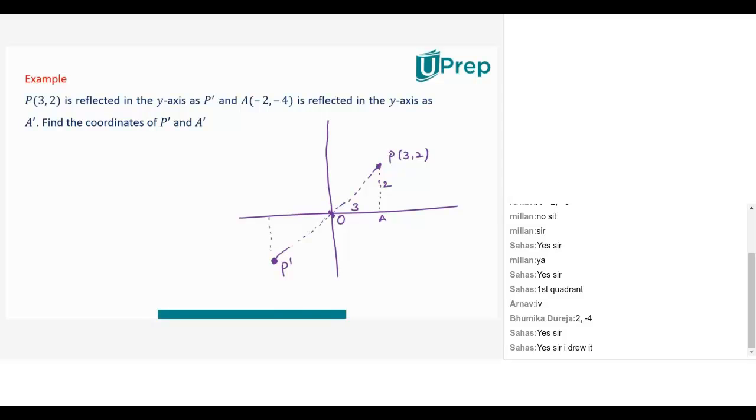What will be OB length? Should be 3 units in the decreasing side, because as much as the distance here should be the same distance on this side, and this same height will be maintained here also, but this will be in the opposite direction, that is decreasing direction. Then what should be the name of P dash?